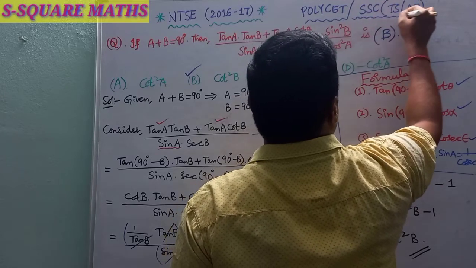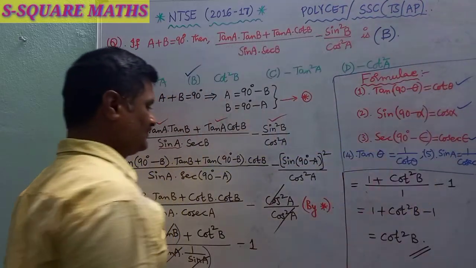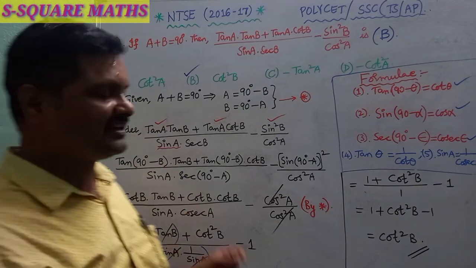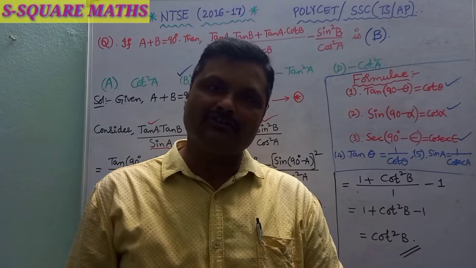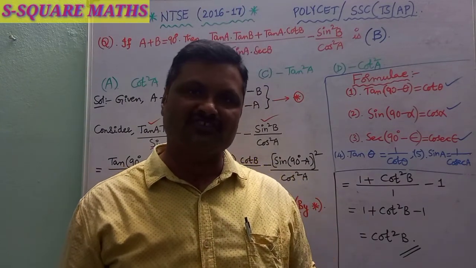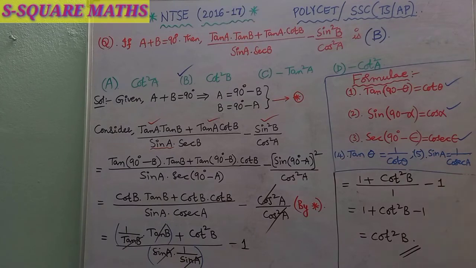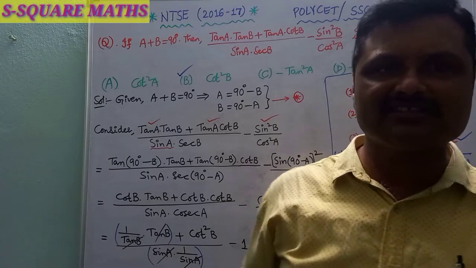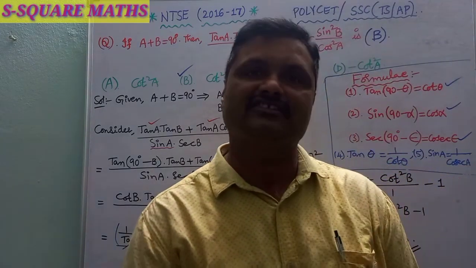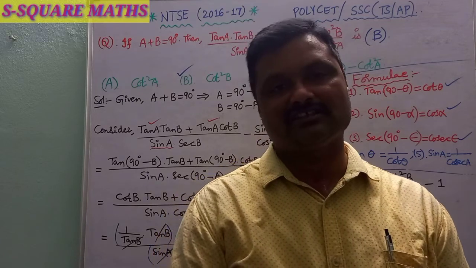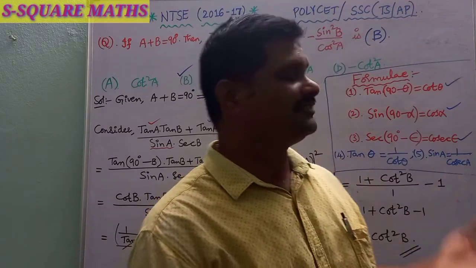Also, once you have a look, this is a detailed analysis of the given problem of trigonometry. Please viewers, this is the SSC 2016-17 paper. It is also meant for various competitive examinations, also at the same time Polycet.